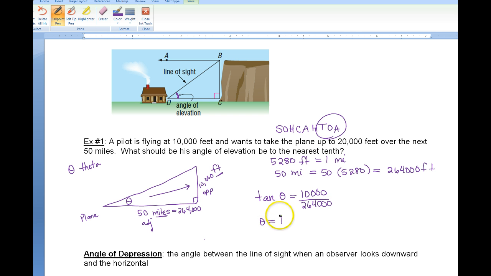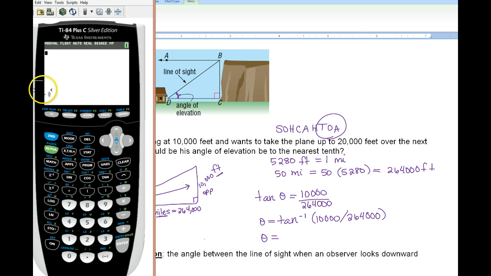I honestly wouldn't bother. So I have tangent inverse. If you recall from our previous lessons, whenever you're looking for an angle measure, that's when we're going to be doing the tangent inverse or the sine inverse and so on. Make sure your calculator's in degree mode. So we have tangent inverse of 10,000 divided by 264,000, and we get about 2.2.